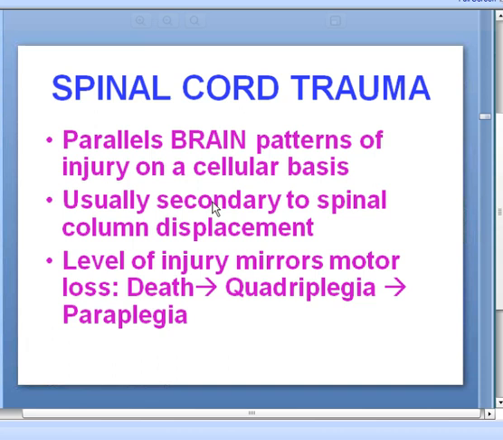You can have subarachnoid hemorrhage. But as you know, spinal cord trauma is basically a sequence of changes, starting out with very mild distal changes, progressing all the way to death, depending upon what level of the spinal cord is involved.